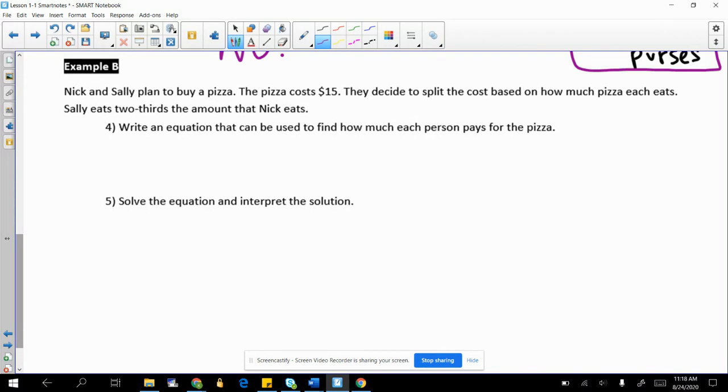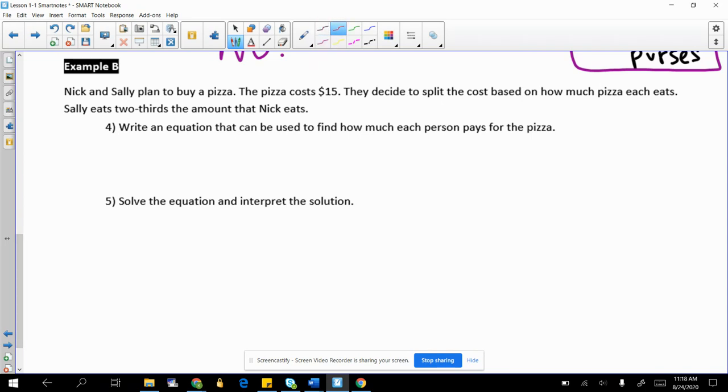So example B here says, Nick and Sally plan to buy a pizza. The pizza costs $15. They decide to split the cost based on how much of the pizza each person eats. Sally eats 2/3 the amount that Nick eats. Okay, so number 4 is asking us to write an equation that can be used to find how much each person pays for the pizza.